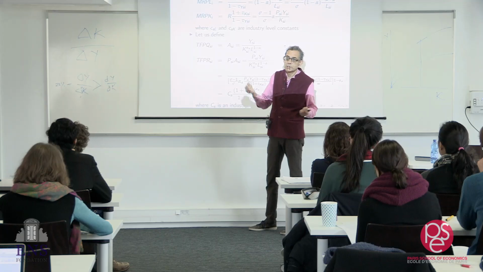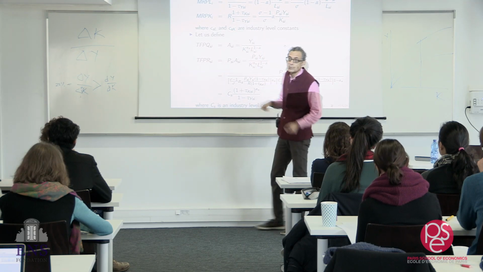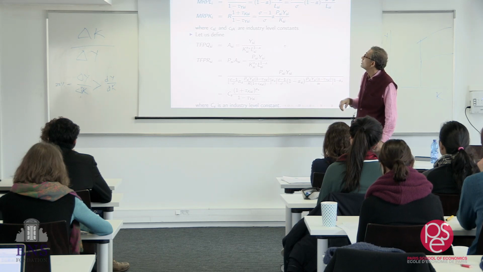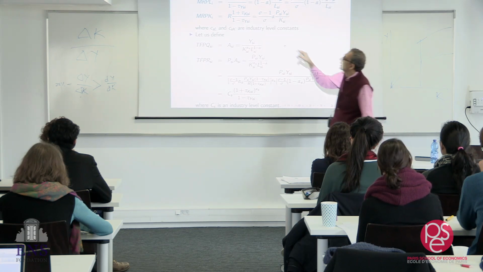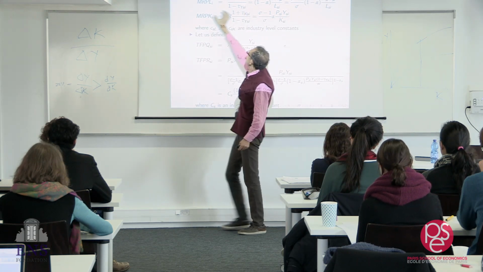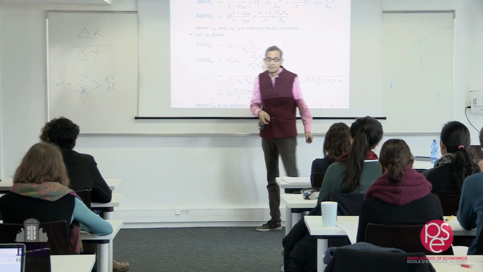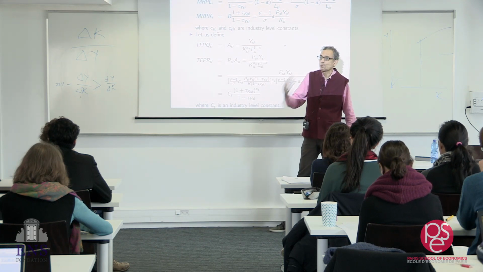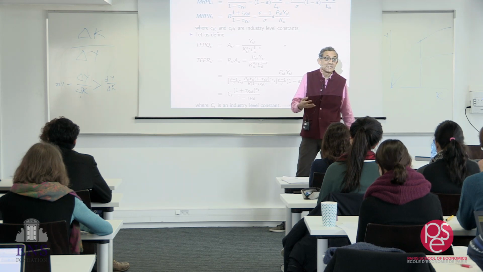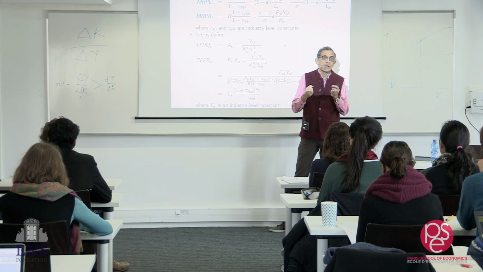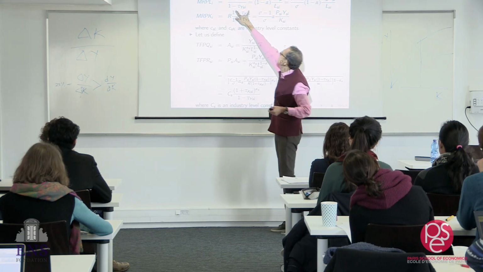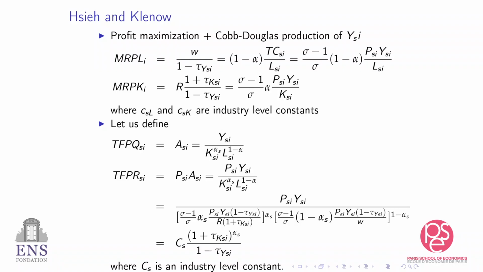Basically, the price of output is distorted by this amount. So this is the marginal revenue product of labor, meaning in terms of money. Another way to say it is that if I multiply this by this side, I get the wage. That says that every unit of labor in terms of money generates this much money. And then the government takes out, or whatever, the distortion takes out this much of it. So that should be obvious.